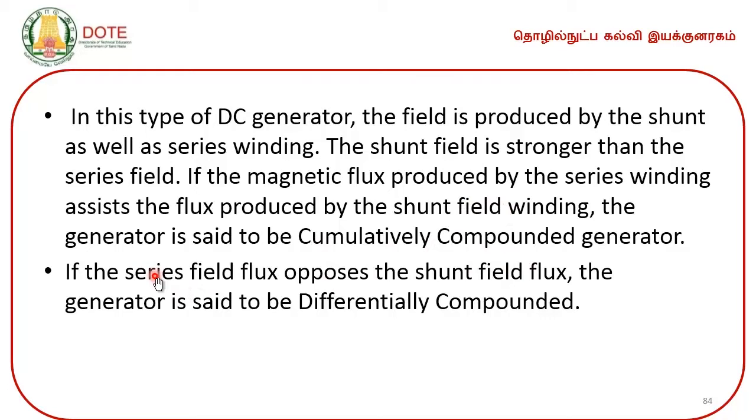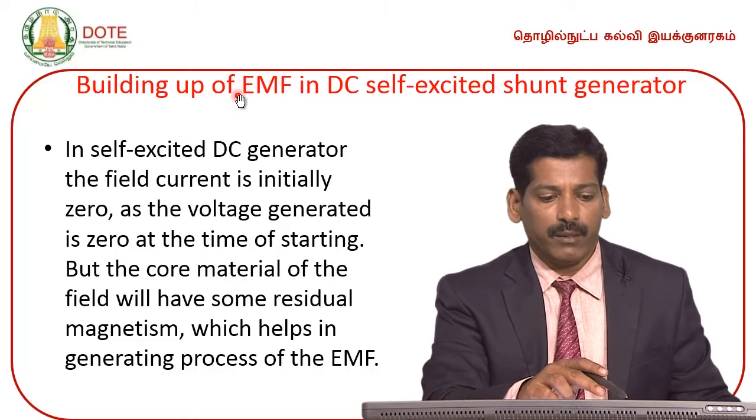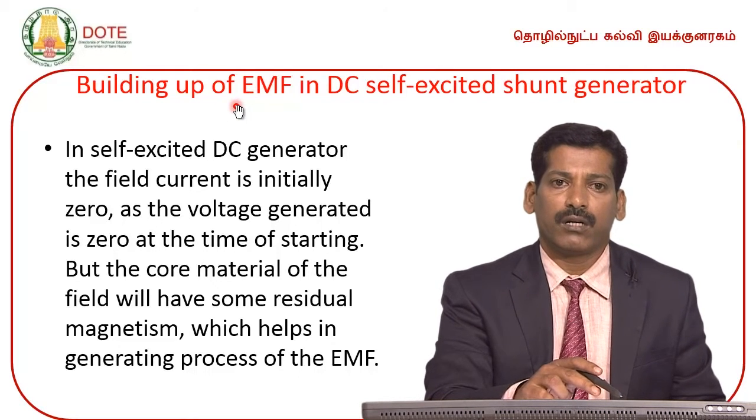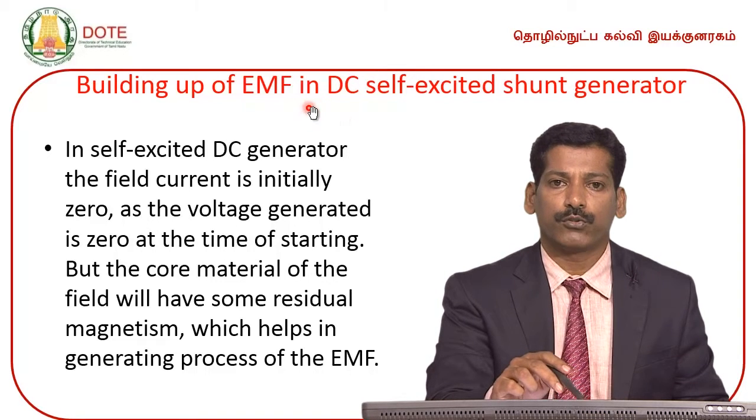On the other hand, if the series field flux opposes the shunt field flux, the generator is said to be differentially compounded.